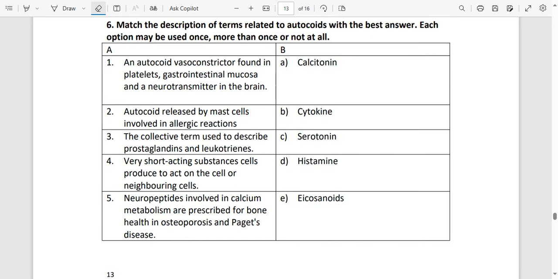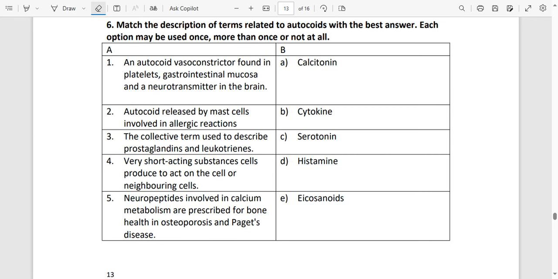Match the description of terms related to autocoids with the best answer. An autocoid vasoconstrictor found in platelets, GIT mucosa, and a neurotransmitter in the brain. Which one is that? Calcitonin, cytokine, serotonin, histamine, eicosanoid. Which one is an autocoid vasoconstrictor found in platelets?